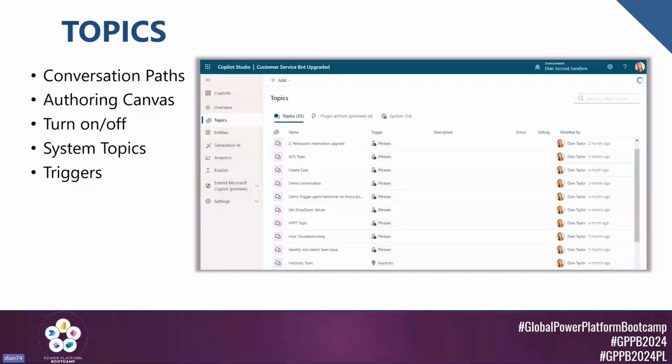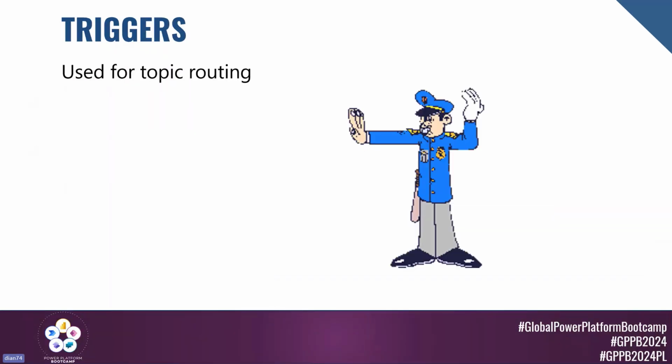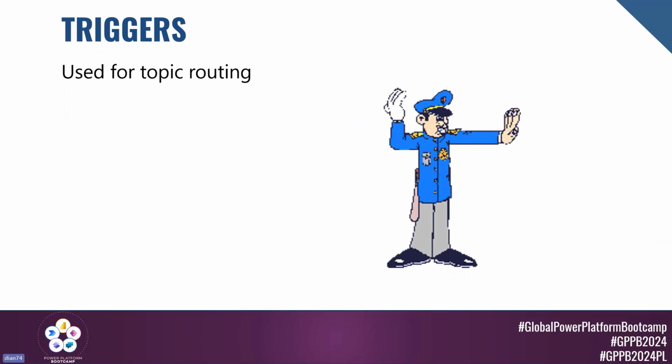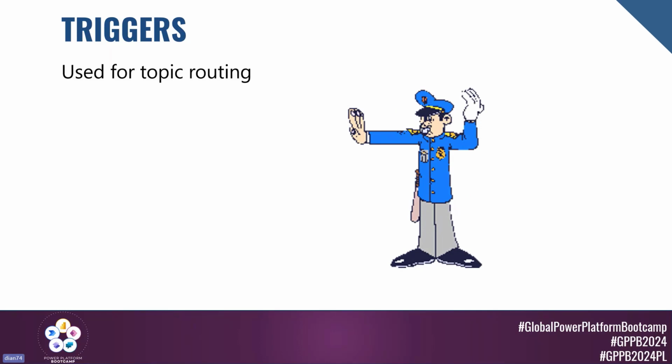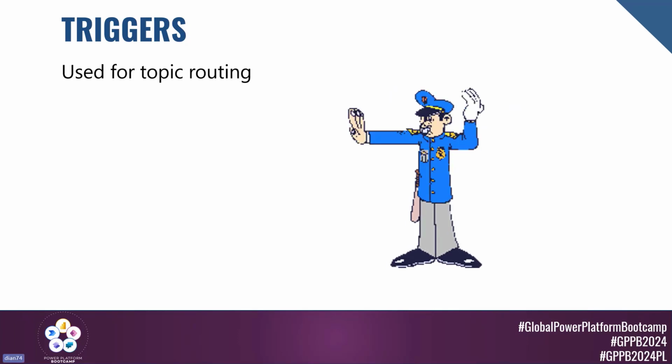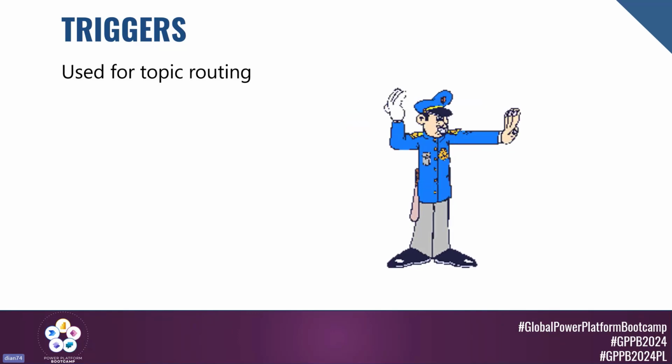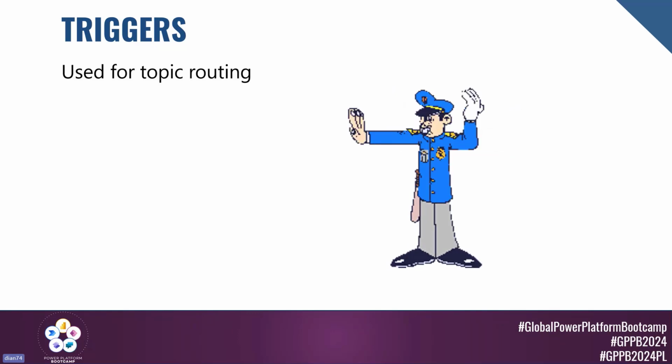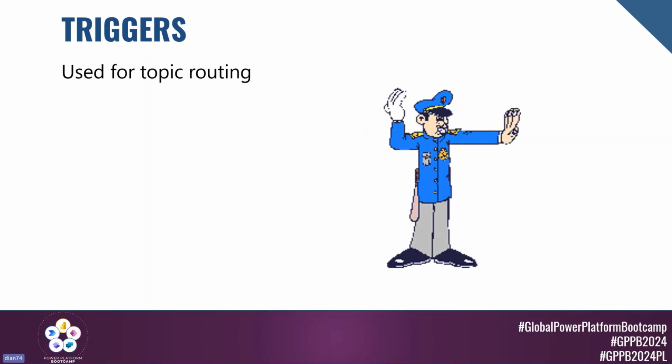And then obviously, we also have something that is called a trigger, and triggers are really used for topic routing. So somebody can say they have a particular question, for example, I have a question about a credit card, if it's a bank or something like that.